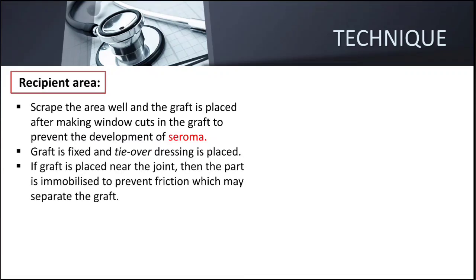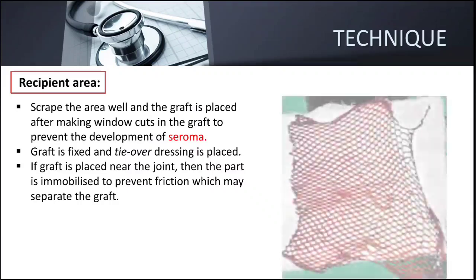Sometimes you actually put a mesh, right? So a mesh is very important. It actually increases the surface area you can cover by 6 times, right? If a graft is placed near a joint, then the part is immobilized to prevent friction that may separate the graft.